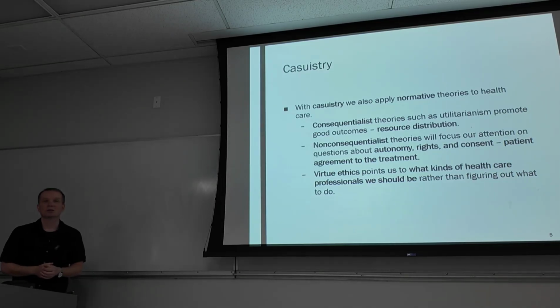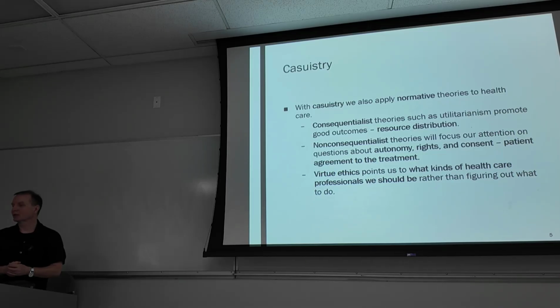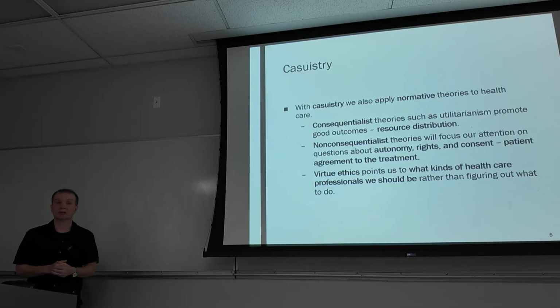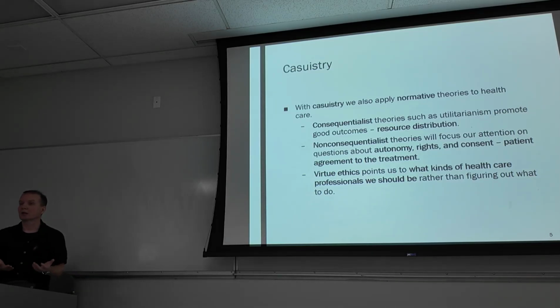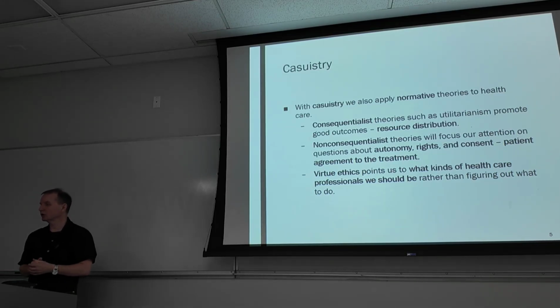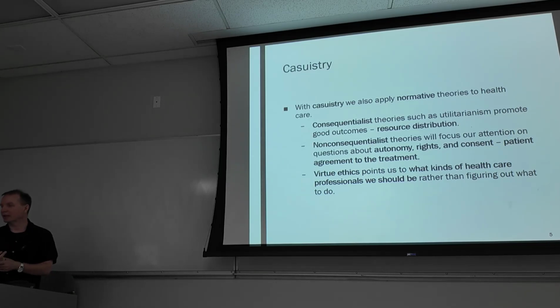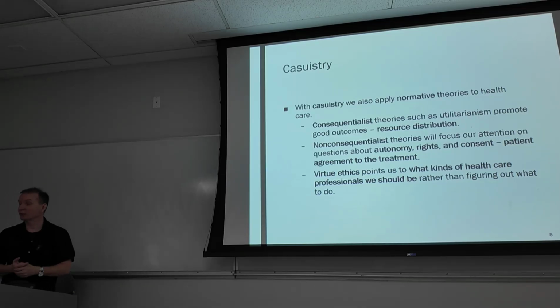and at the same time take into account non-consequentialist theories such as, for example, Kant's theory, deontological ethics, which emphasizes human autonomy, our ability to make decisions for ourselves. Non-consequentialist theories focus attention on questions about autonomy, rights, consent, so in particular patient agreement to the treatment.